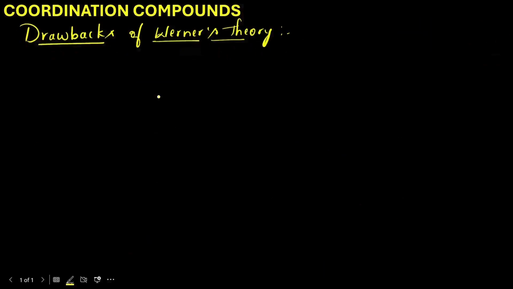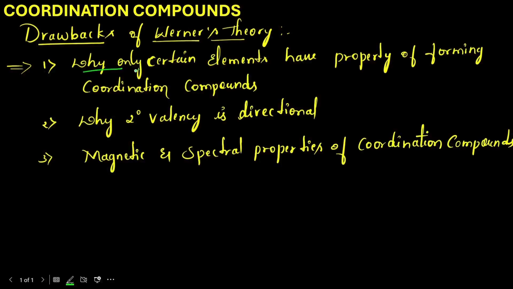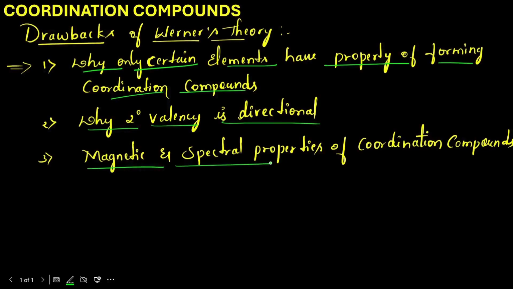Now we will see the drawbacks of Werner's theory. Werner's theory was not able to explain the following observations. Werner's theory did not explain why only certain elements have the property of forming coordination compounds. Next, Werner's theory fails to explain why secondary valency is directional, and it fails to explain magnetic and spectral properties of coordination compounds.